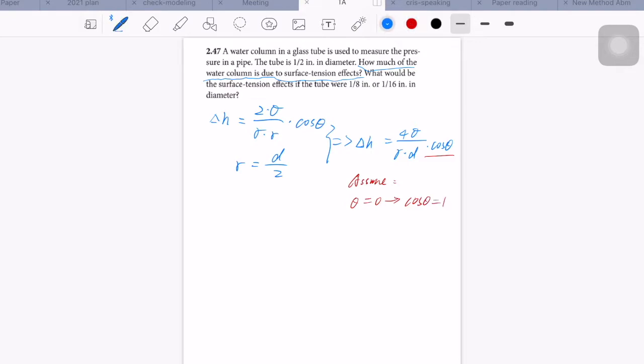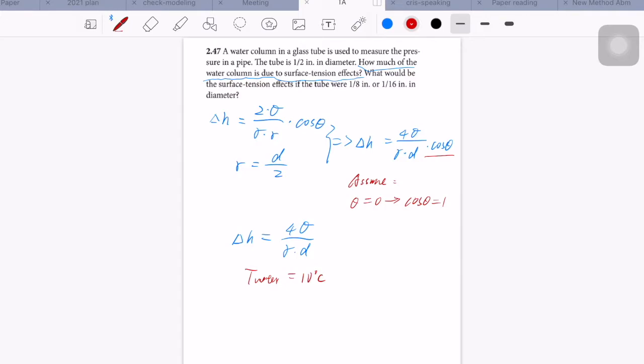So now delta H equals 4 sigma over gamma times d. When the problem doesn't give us the water temperature, we always assume that the water temperature is 10 degrees Celsius. So T water is 10 degrees Celsius.